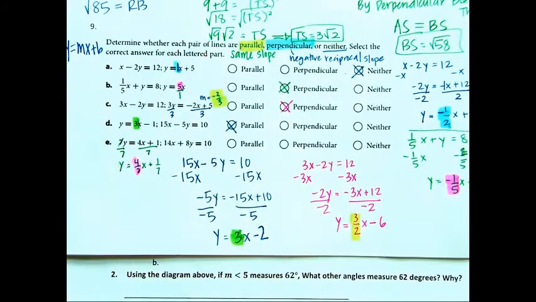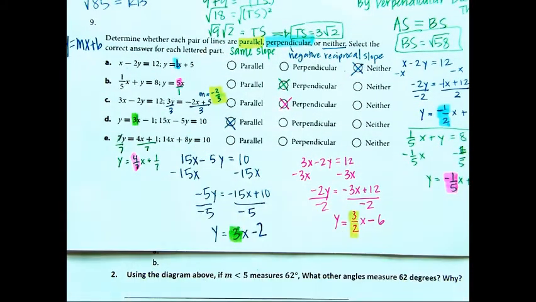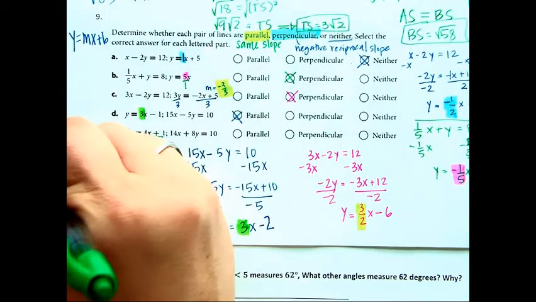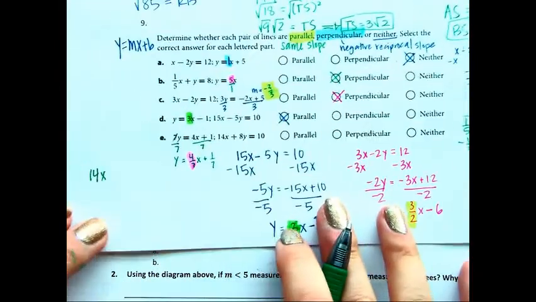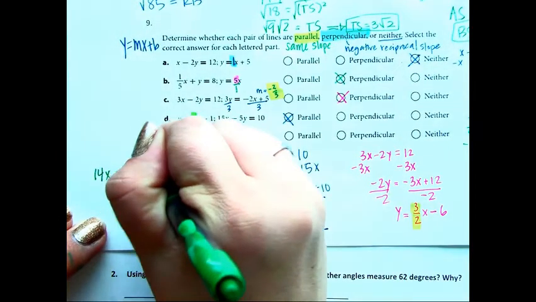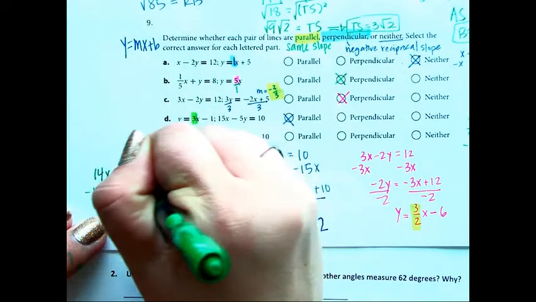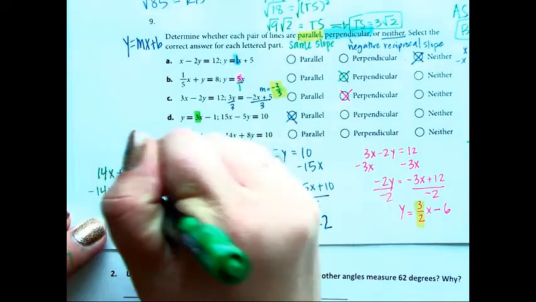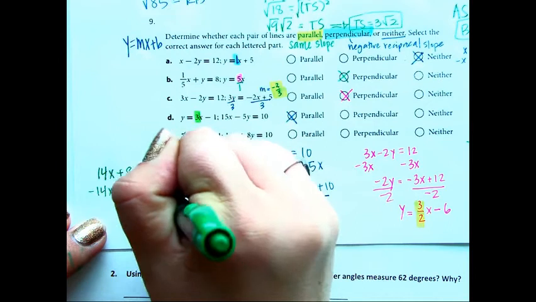Now I'm going to look at that right equation to see what that gives us, to see if it's parallel, perpendicular, or neither. So we have 14x plus 8y equals 10. Subtract 14x from both sides. This becomes 8y equals negative 14x plus 10.